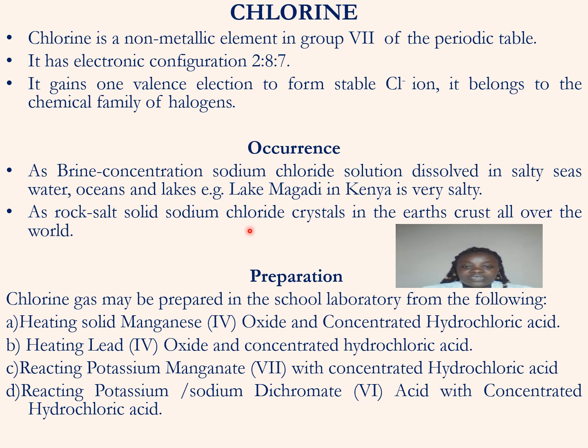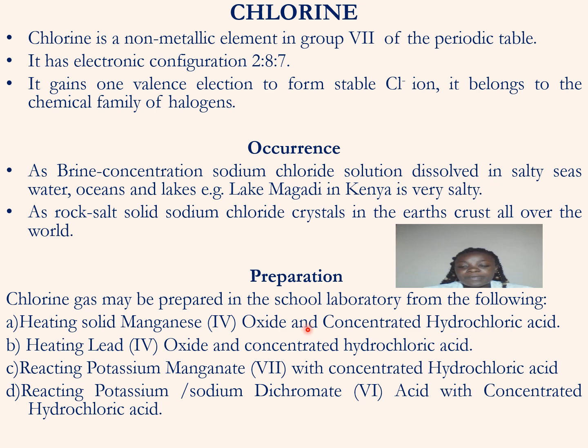Even in oceans, like the Indian Ocean, the water is salty, so we can also find chlorine in oceans and in lakes. Then it also occurs as rock salt, solid sodium chloride crystals, which is found in the Earth's crust.